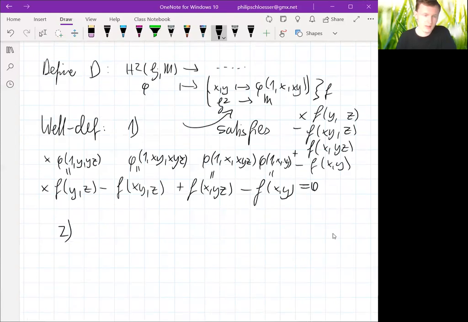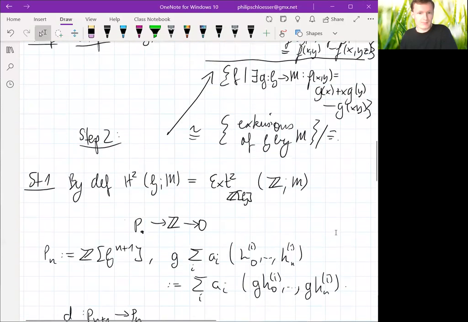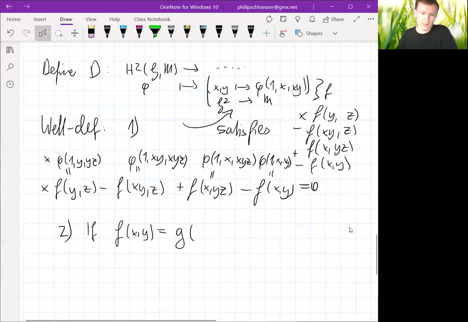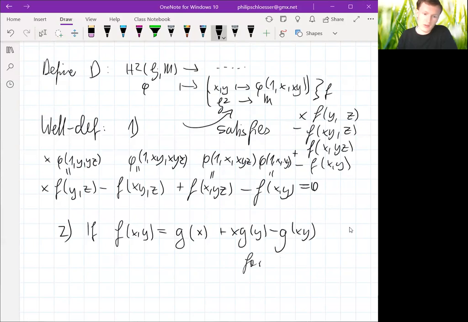And similarly, secondly, we have to show that if f is of the shape g of x plus x times g of y minus g of x times y, for some map small g from capital G to M, then phi lies in the image of D1.